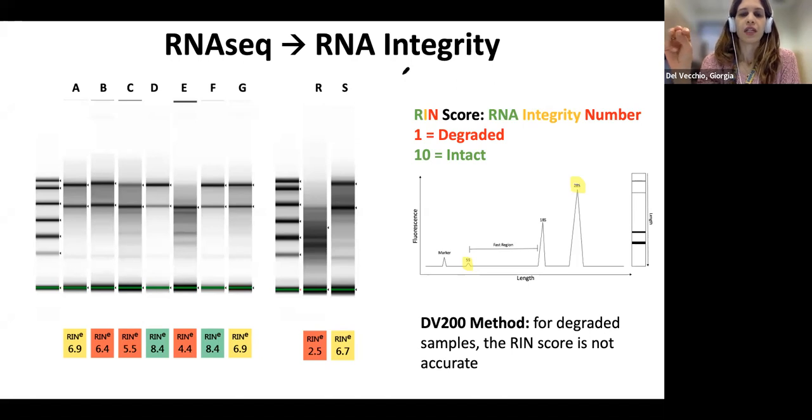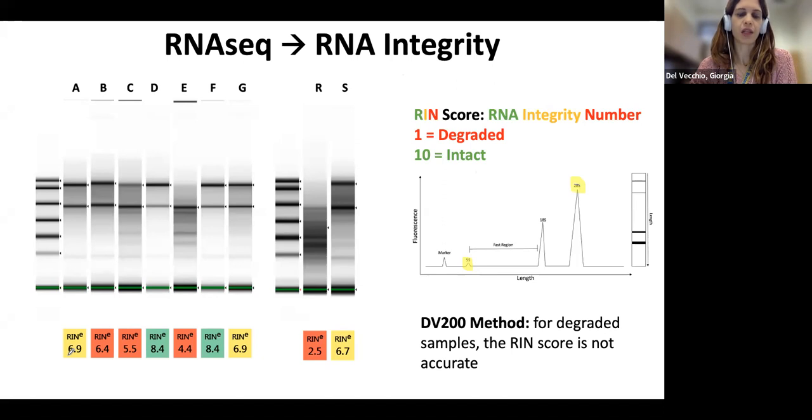So if the RNA is intact, the score will be close to 10. It also has a color code. Green is good, so 8.4 is good. Then we have yellow, so 6.